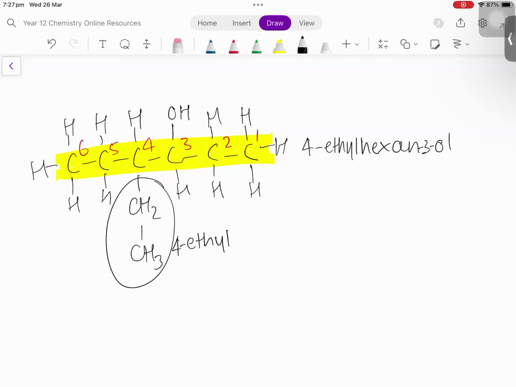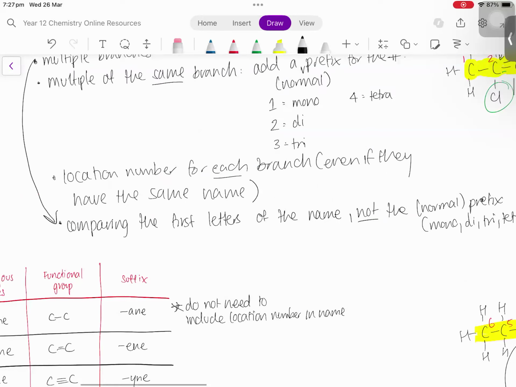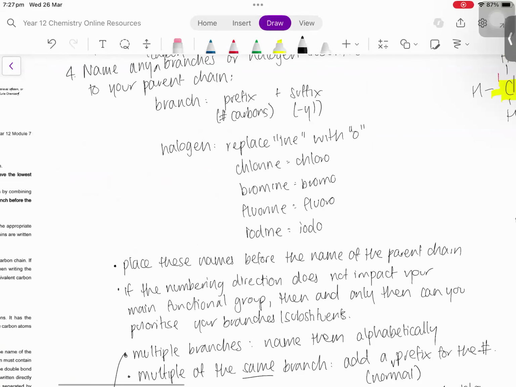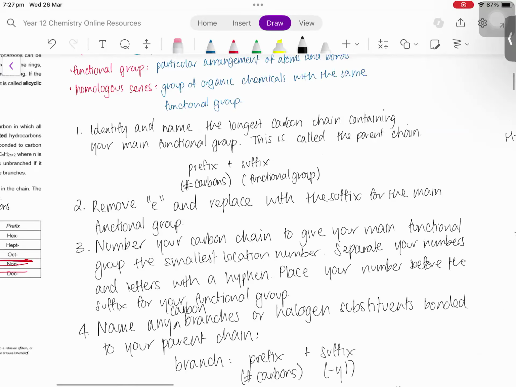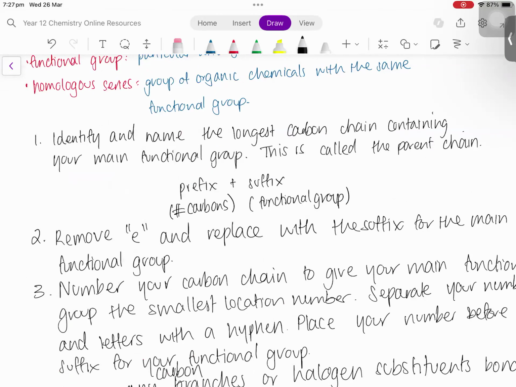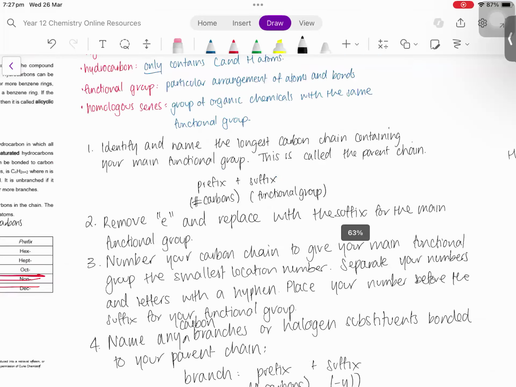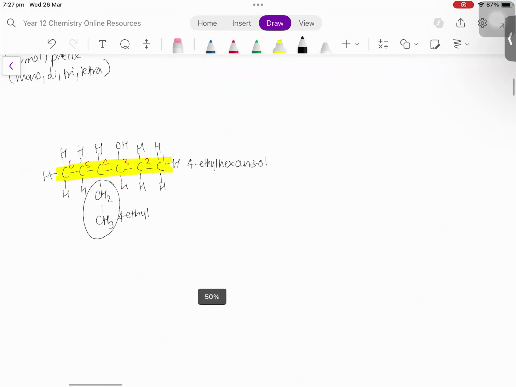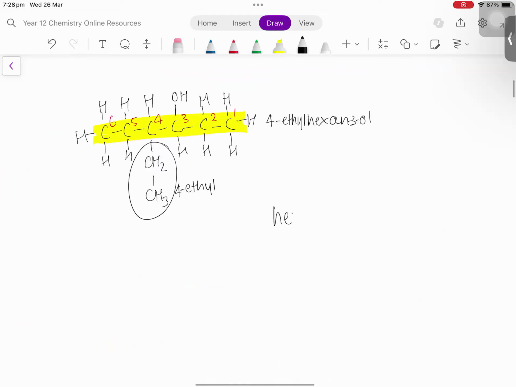Now, guys, the reason why I added step 2 in here, name your carbon chain first and then get rid of the E and replace it with your main functional group, is because when we didn't have this and I just had step 1, there were a few students that would go, oh, the prefix for 6 carbons is hex, the suffix for an alcohol is ol, so they'd end up doing hexol.